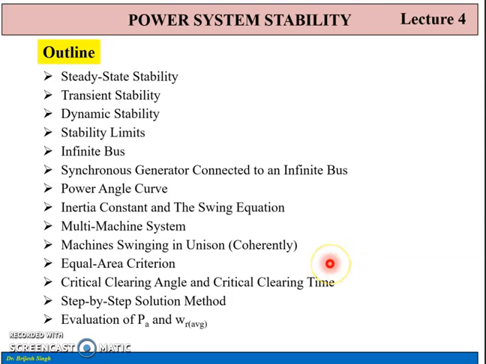Today we are going to discuss the equal area criterion of power system stability. The equal area criterion is a graphical analytical method by which we can analyze system behavior.